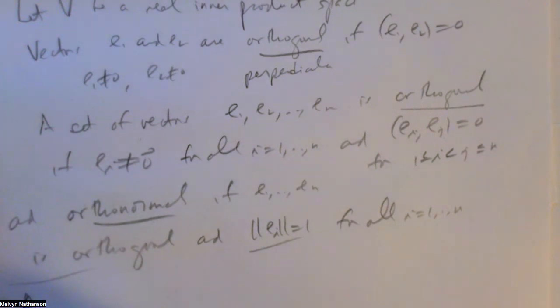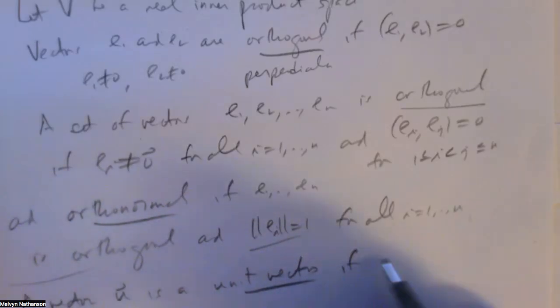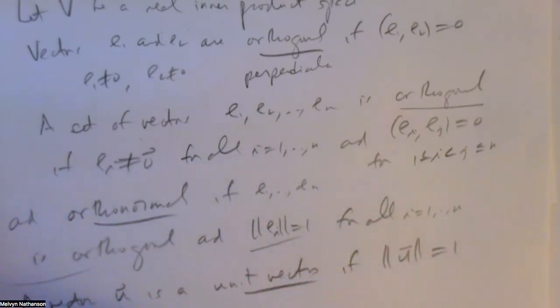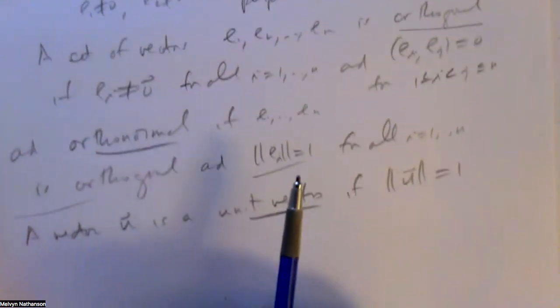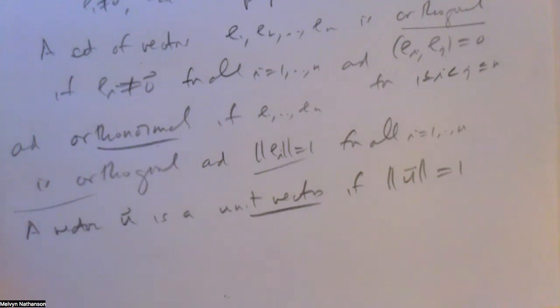I should note that a vector U is called a unit vector if the length of U is 1. So a unit vector is just a vector of length 1.